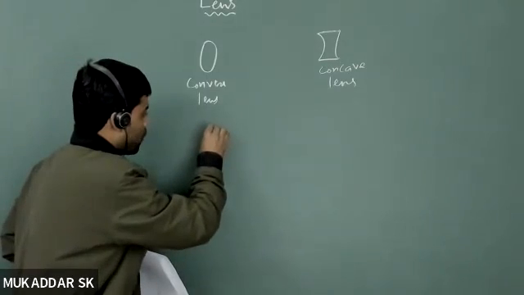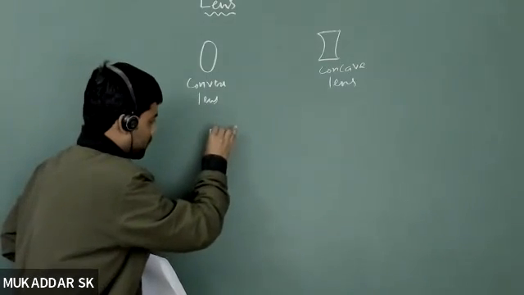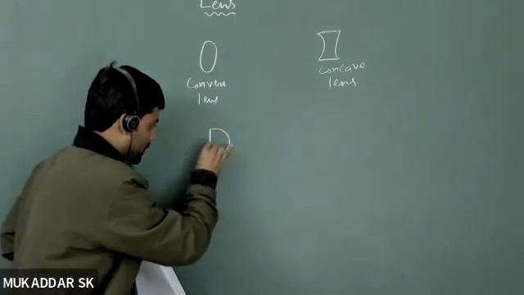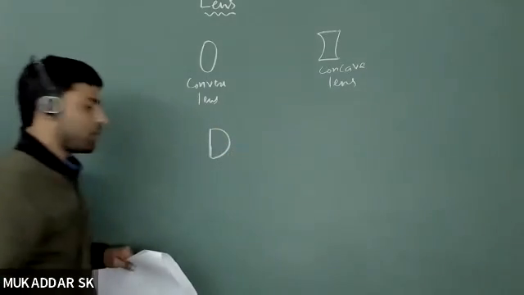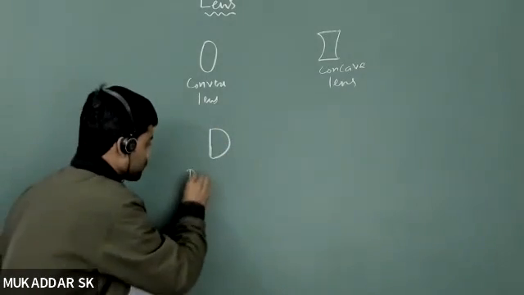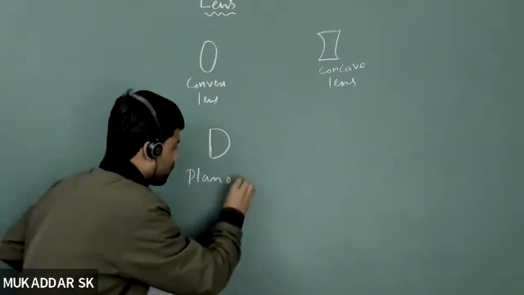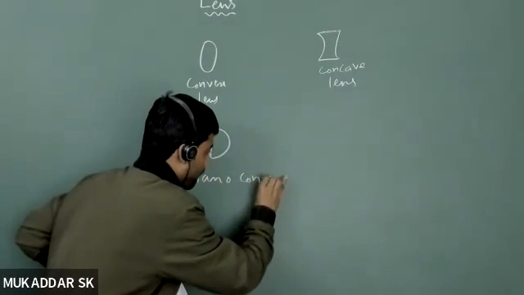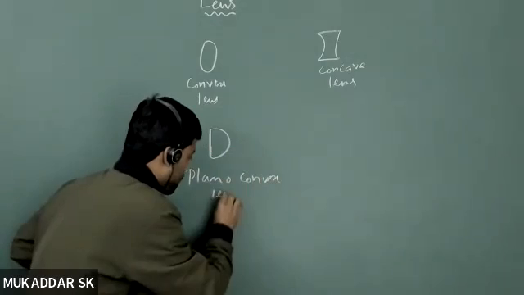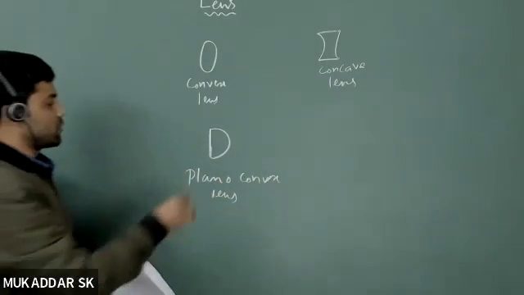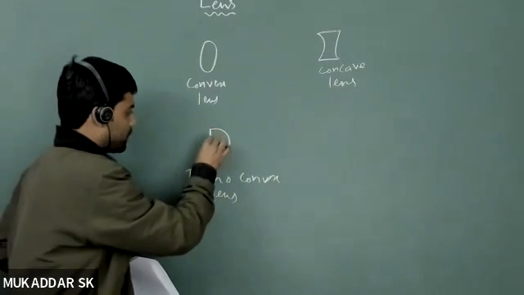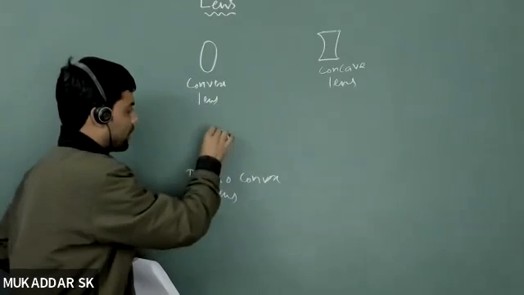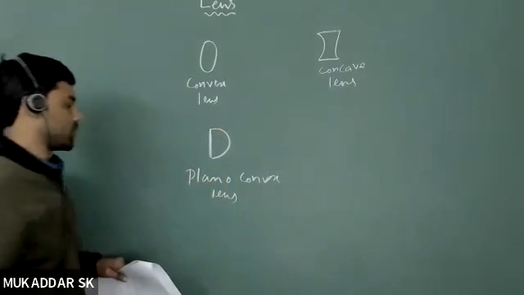One is known as plano-convex. So in a plano-convex lens, again you have two surfaces, but one surface is basically plane and another is basically curved.